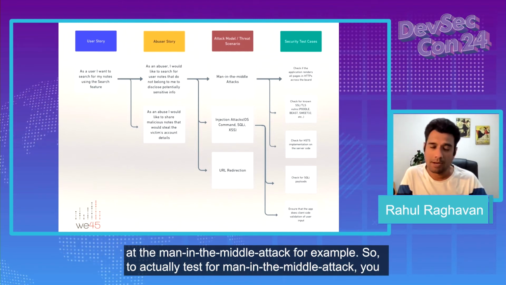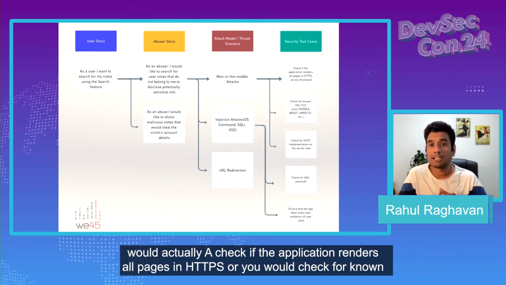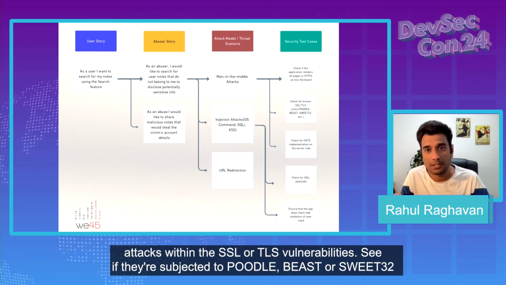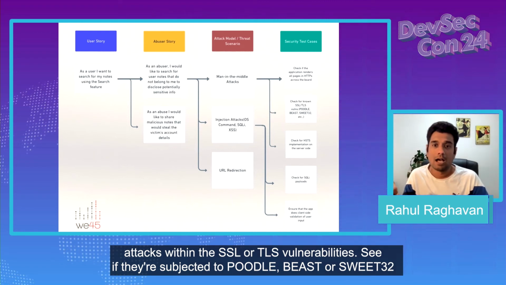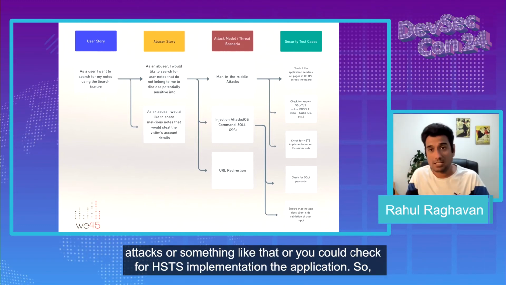So let's look at the man-in-the-middle attack, for example. To actually test for a man-in-the-middle attack, you would, A, check if the application renders all pages in HTTPS, or you would check for known attacks within the SSL/TLS vulnerability, see if they're subjected to Poodle, Beast, or Sweet32 attacks or something like that. Or you could check for HSTS implementation in the application.